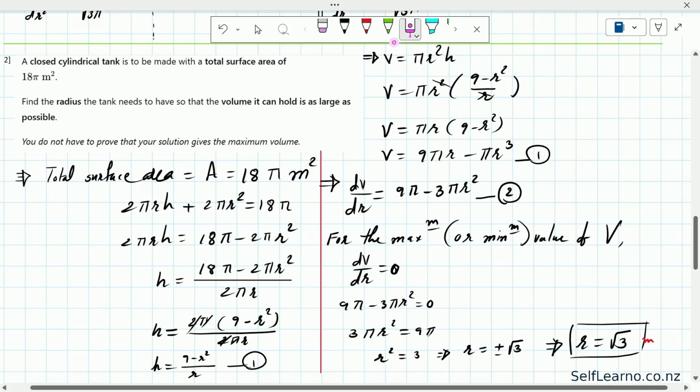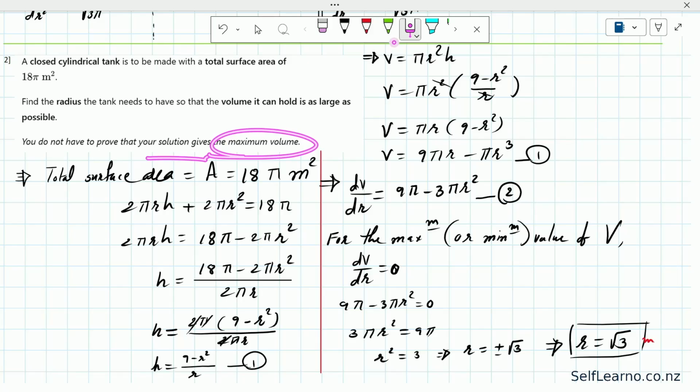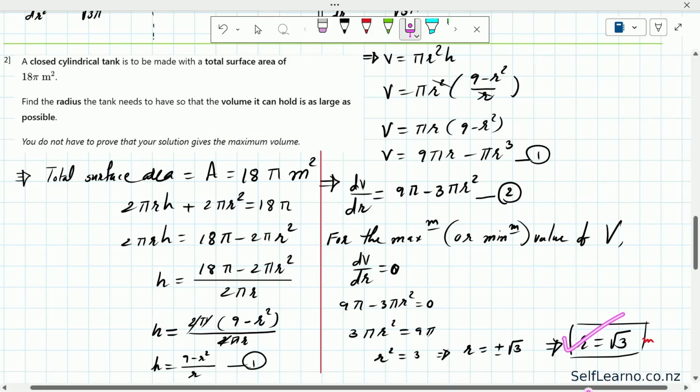And here they are saying that you do not have to prove that your solution gives the maximum volume. So just accept it, be happy. This is giving the maximum volume of the cylinder. That's fine. If you want to find that maximum volume, the task is very easy. Use this r over here. You will get that maximum volume. And when the volume is maximum, what will be the height of that cylinder?